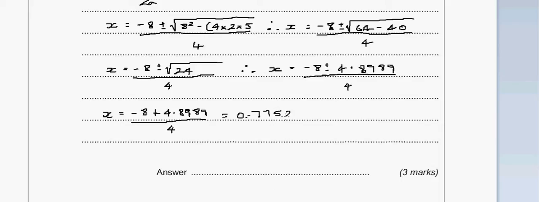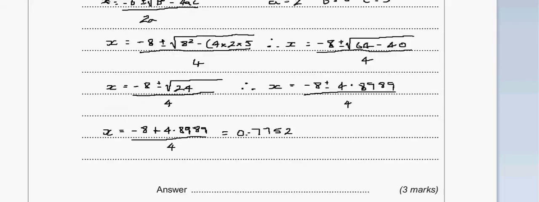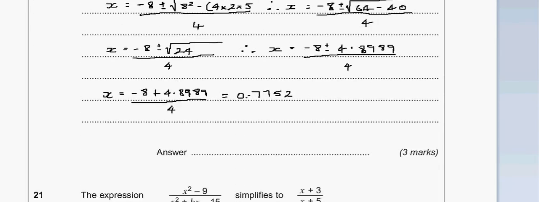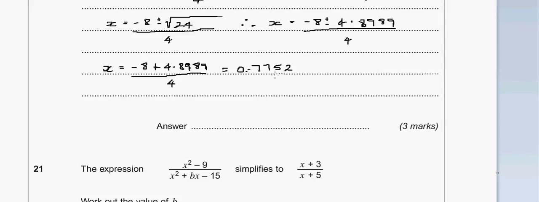0.7752. Now remember they said give your answer back here to 2 decimal places. So my third decimal place is a 5, so this 7 will round up to an 8. Okay, so I can say that x equals 0.78, or, so now I have to do the other one, so let's do that down here.